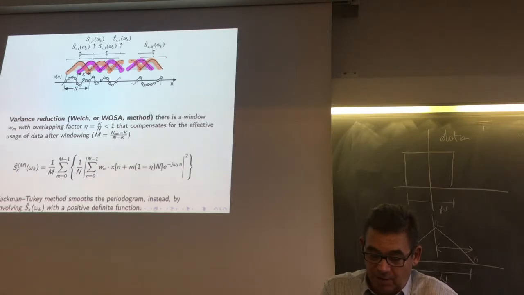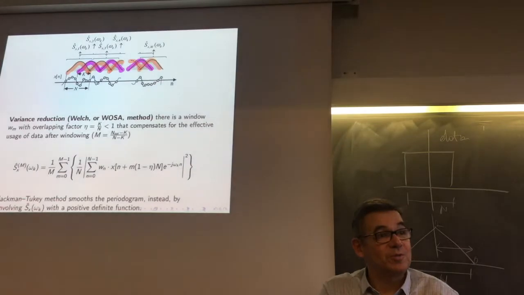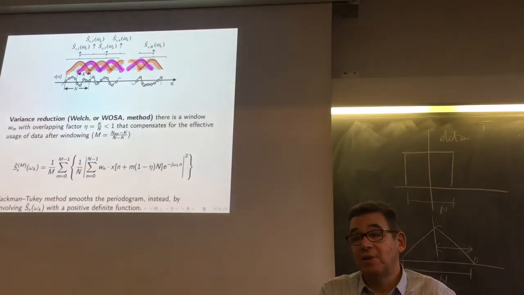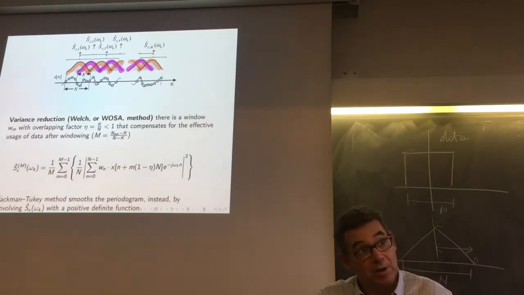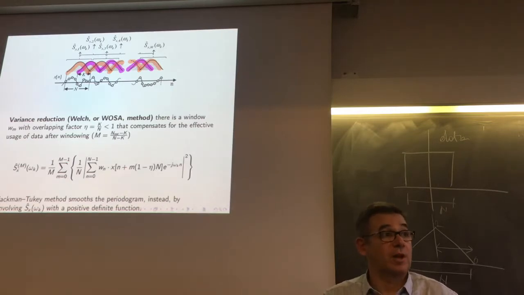Good. So there is also the Blackman-Tukey method, another way that you can use. We don't discuss that, but it is another way to reduce the variance of the periodogram, by filtering, by convolving the periodogram with a window. That's another option.